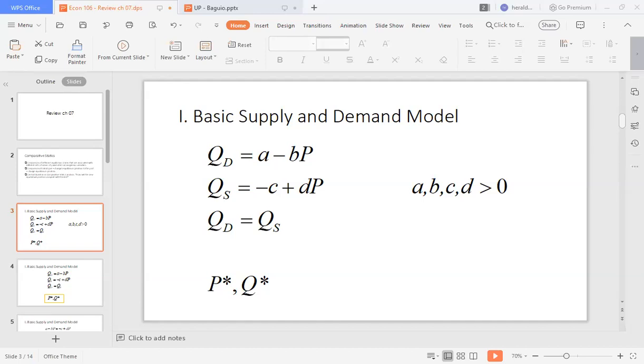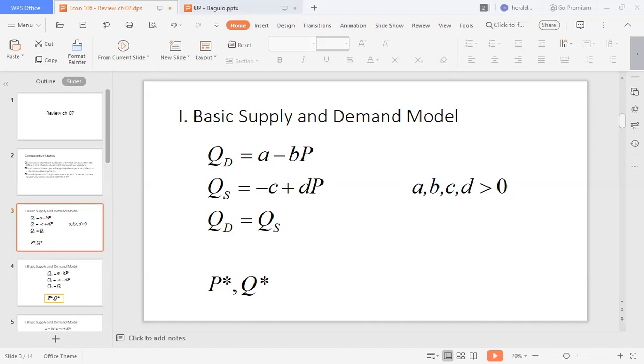Okay. We also have our supply function, which is again assumed to be linear. So we have our QS equal to negative C plus DP. Negative C is again our intercept. That is the quantity that producers would sell if the price is equal to 0. So it is understandable, class, that if the price is equal to 0, because prices are a signal for producers to produce more, suppliers would be hesitant.